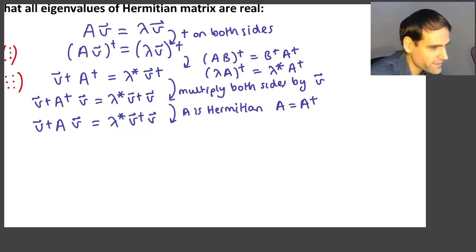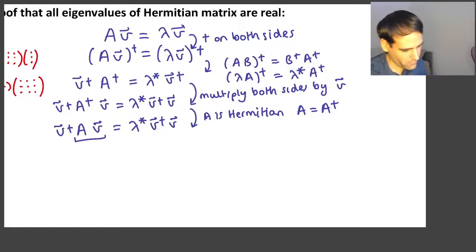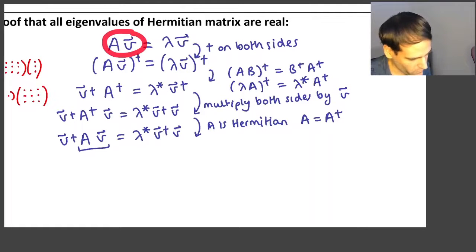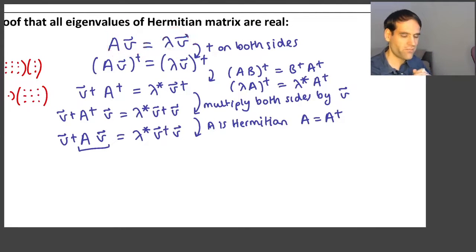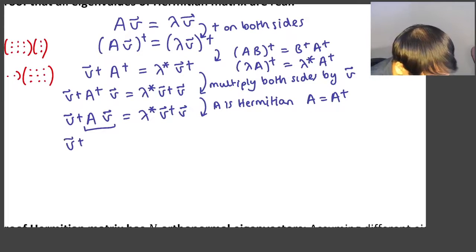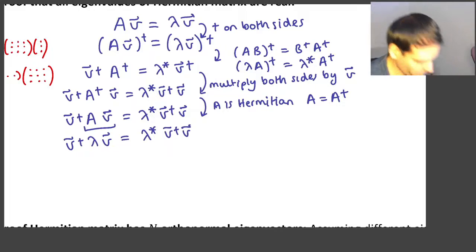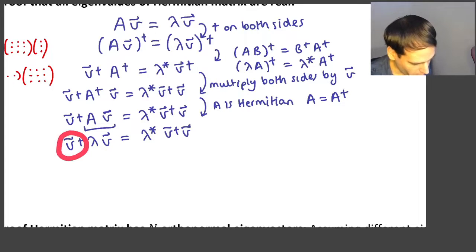And now next, notice here that we have A times V. But A times V is equal to lambda times V, because V is an eigenvector. Okay? Therefore, we have that V dagger times lambda times V is equal to lambda complex conjugate times V dagger times V. And remember that when we multiply a row times a scalar times a column, the scalar can move around, yeah?